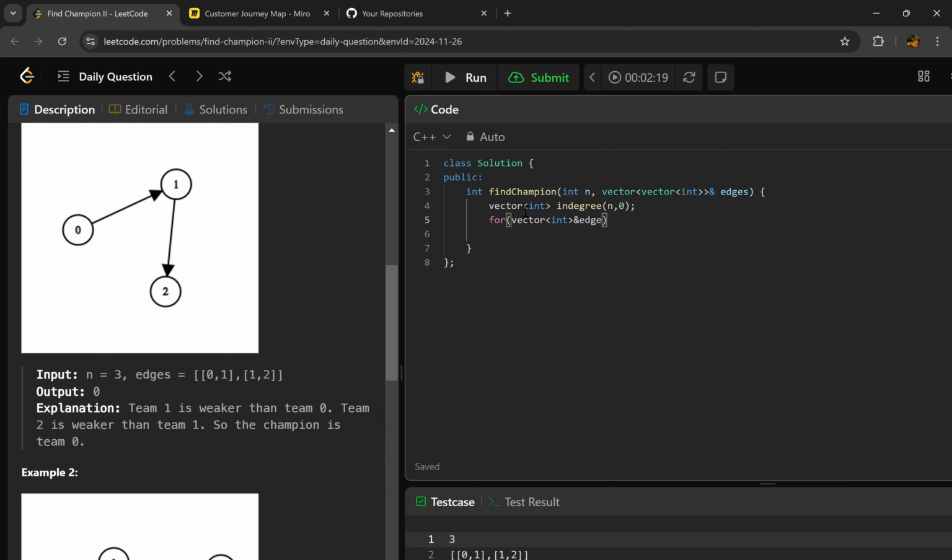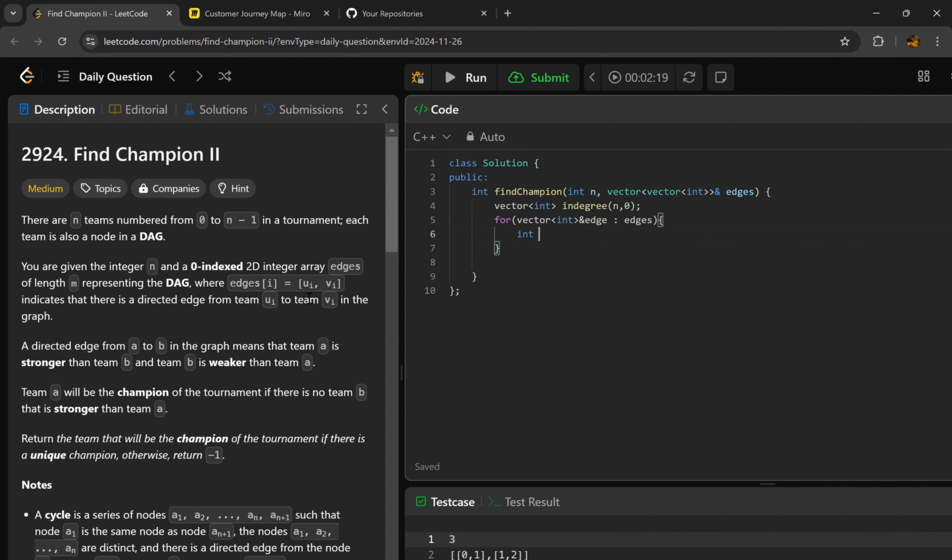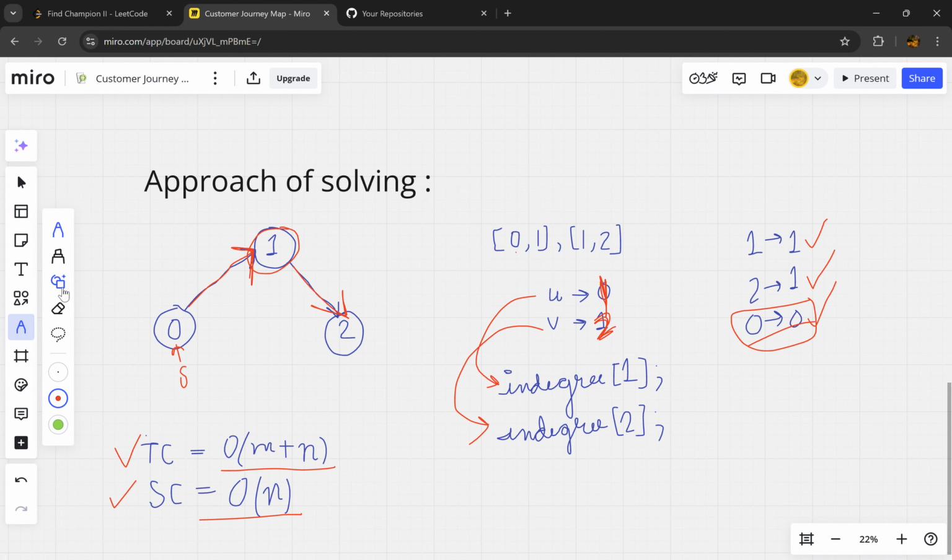As mentioned in the question, we have to take two variables u and v, which represent the edges: int u equals edge of 0 and int v equals edge of 1. Also there's no mistake here. Yes, it is 0 and 1 only.